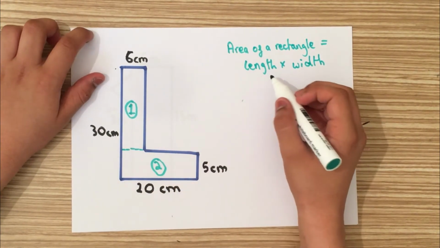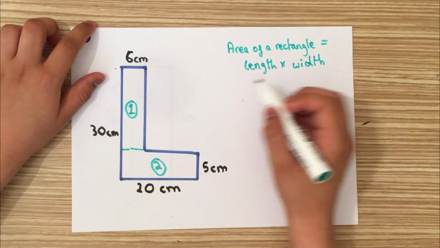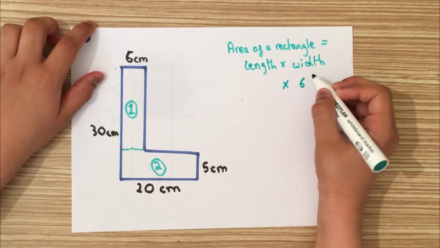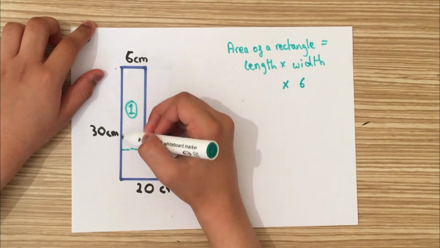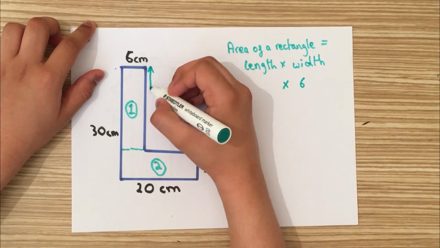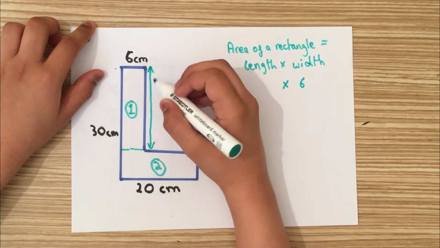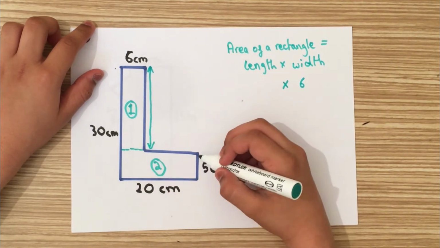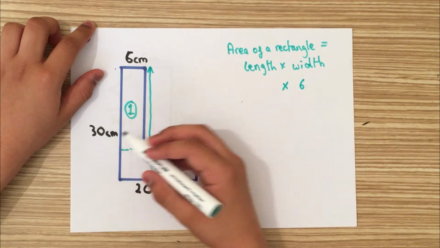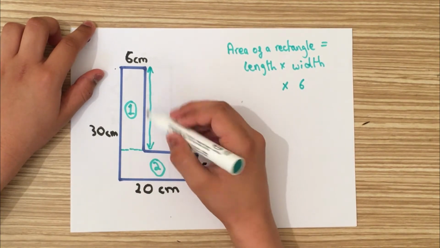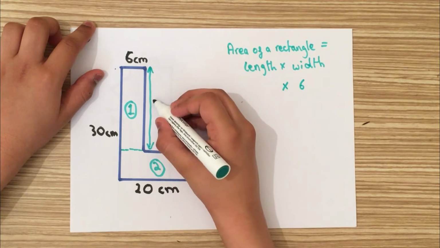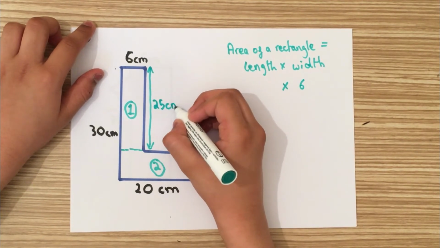First we need to multiply length times width. The width is 6, so we can do times 6. And what's the length? This should be the length from here till here. So how would we calculate that? If this is 30 and this is 5, we have to do 30 minus 5 to find this, because this plus 5 should be 30. So 30 minus 5 is 25 centimeters.